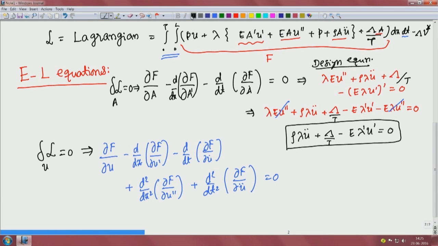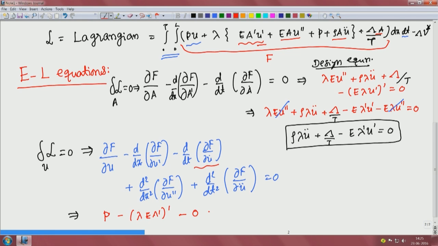This implies, u is there, that is the only place u is alone, that will be P, dou f by dou u, and then we have dou f by dou u prime, that is over here. So, that gives us lambda E A prime, since u prime, d by dx, and u double dot is not there, so this will be 0.